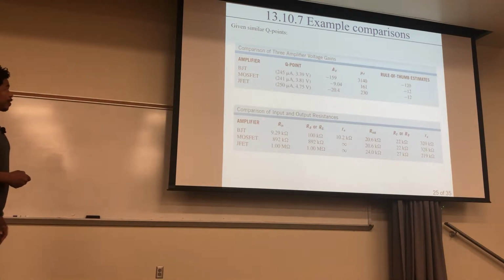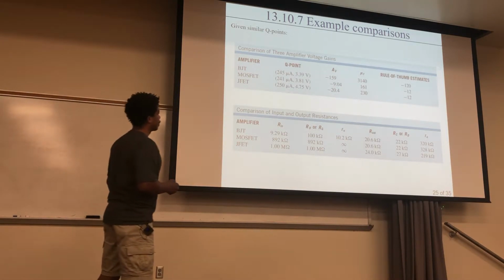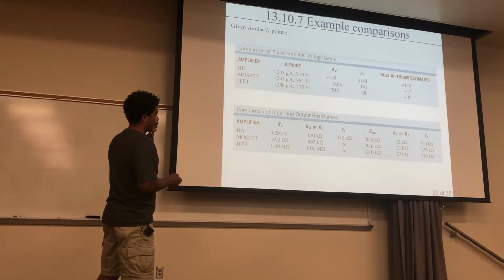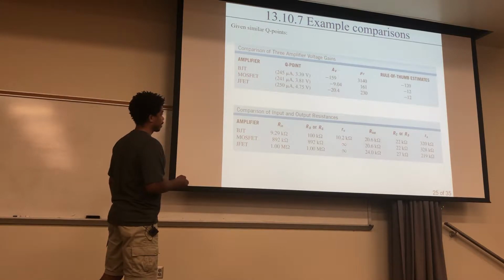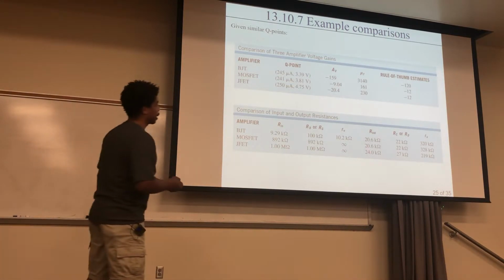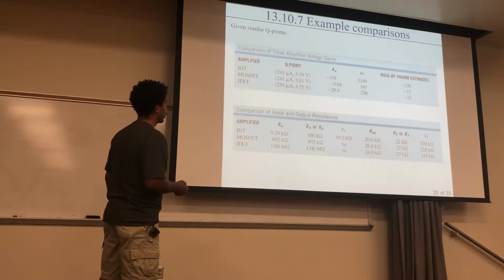Okay, and here's a comparison of input and output resistances for the BJT, the MOSFET, and the JFET. What you want to take away from this is that you can see the R pi is quite different. This is 10 kilo ohms, and it's nearly infinite for these right here. Your outputs are nearly the same, and the output resistances right here are nearly the same too.